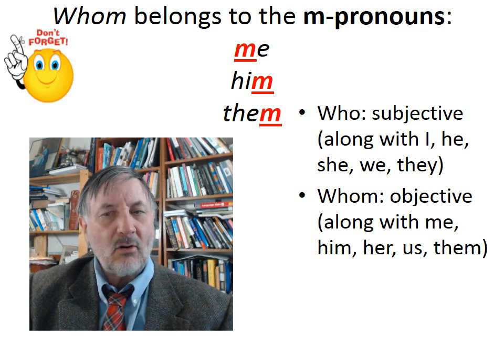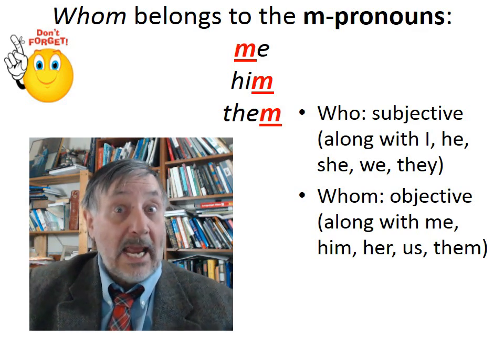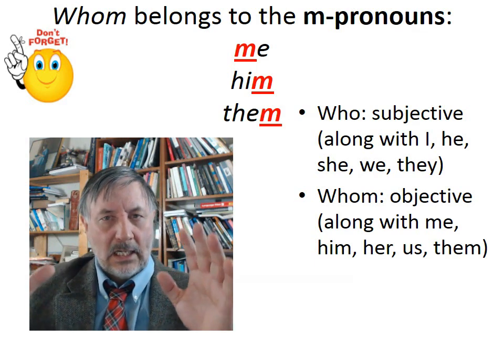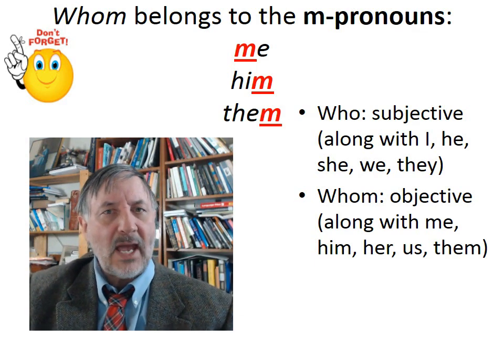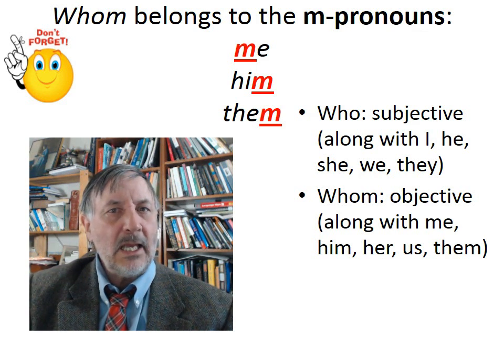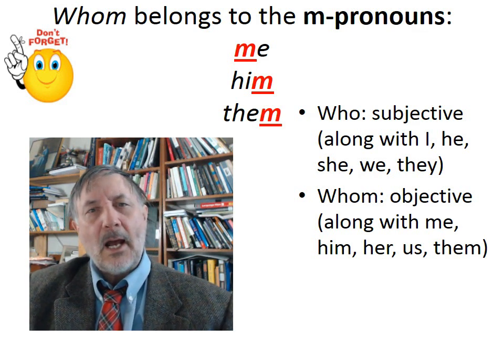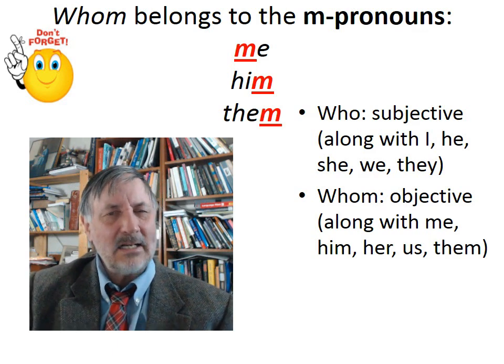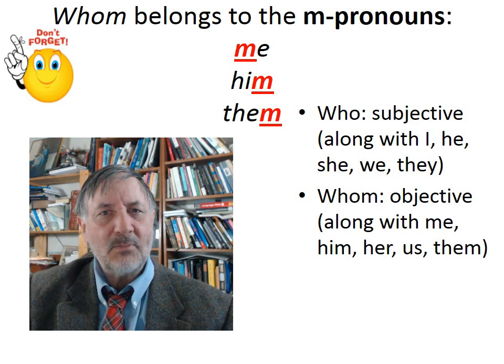It's in the same category as me, him, her, us, them. One way you can remember this is that whom, with an M, belongs to the list of pronouns that also have M's in them: me, him, them. You can think of it as belonging to the group of M pronouns. I think that's a handy little mnemonic device that helps you remember as we go forward, and we'll see how they actually work.